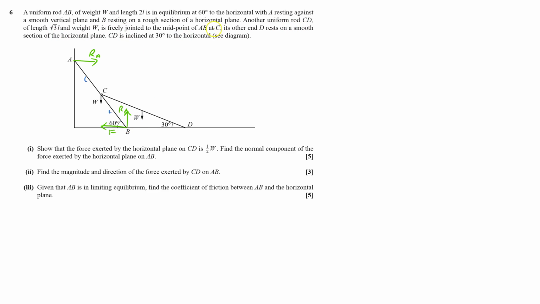This length, another uniform rod of length root 3L, so the whole of that length is root 3L. And D rests on a smooth section of the plane, so that will have a normal contact force, RD. And I think that's pretty much it.